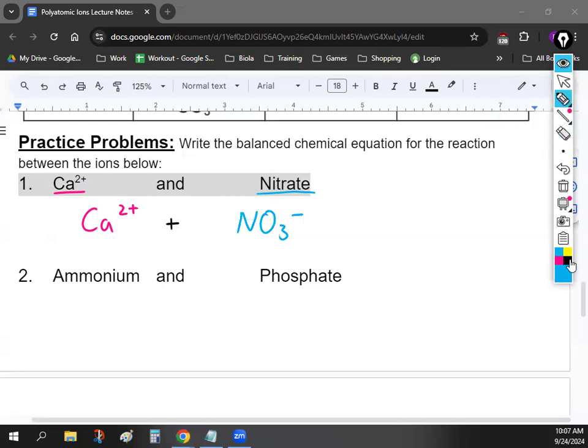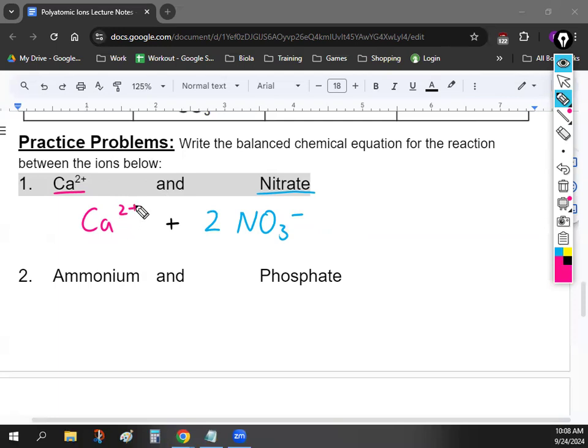Now, what we're going to do is look at the positive and negative energy. Hopefully you identify that this is positive 2 and this is negative 1, right? So in order to balance this out, we're going to need 2 of these nitrates to balance out 1 of the Ca's. Okay.